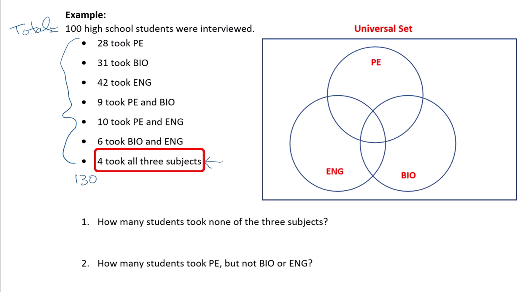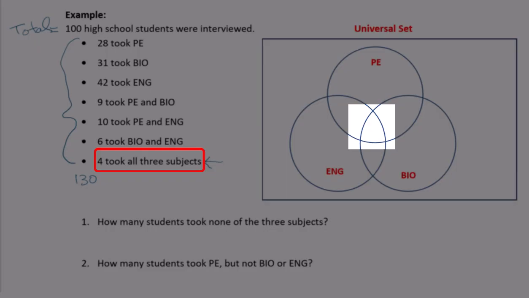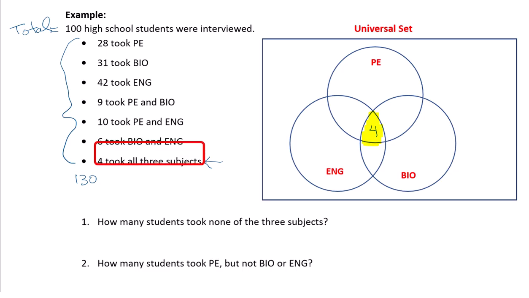This last piece of information here said that 4 students took all 3 subjects, PE, English, and Bio. We would put those 4 students right here in the middle. That is the only space where all 3 circles intersect. Then it says 6 students took biology and English.